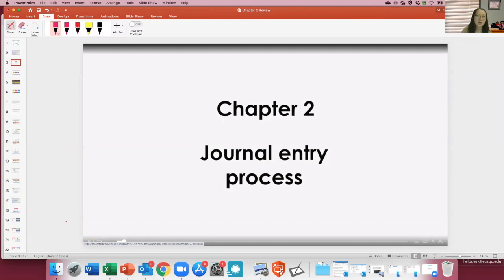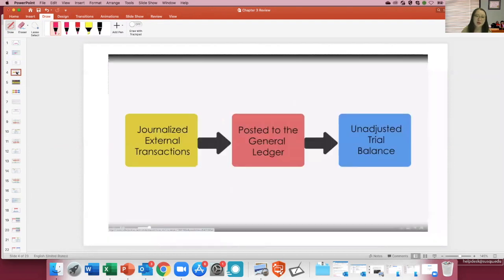Now we want to know the difference between the journal entry process and the adjusting entry process. The journal entry is focused on external transactions, and then we post those external transactions to the general ledger, and then we create something called the unadjusted trial balance, right?